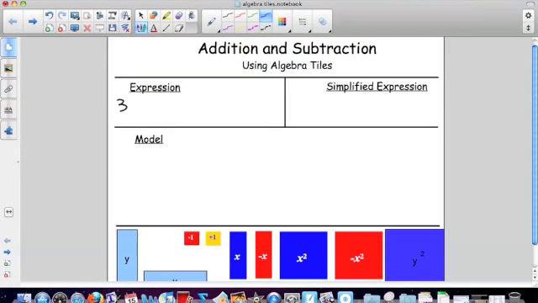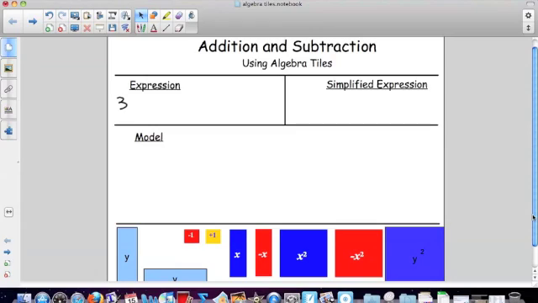So you'll notice if we look at the bottom of the page, x squared is usually represented by a big square. Whenever you have the x terms, those are usually skinny rectangles, or the y terms as well. And unit cubes are always used as tiny little squares. Remember, it's important to use different colors for positives and negatives, and very important to label your x's and your y's, because they tend to look very similar, so we're able to differentiate them.